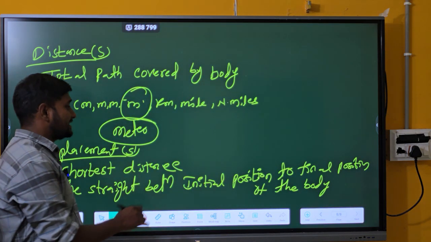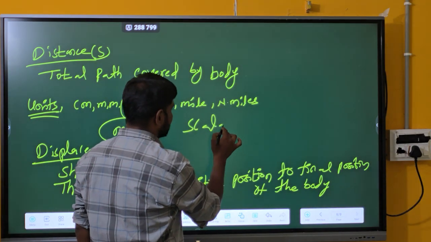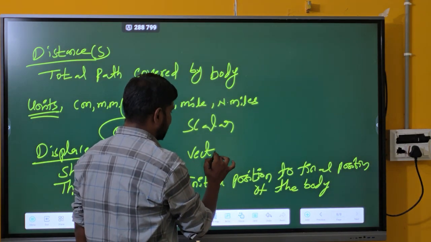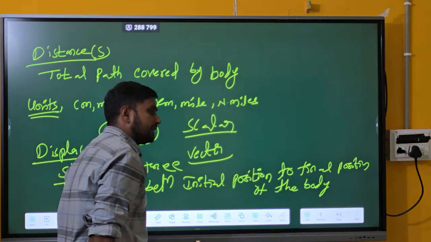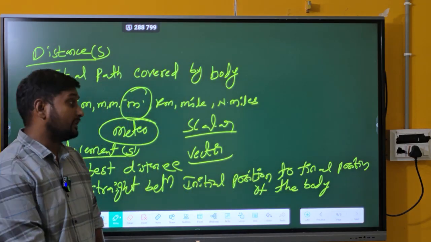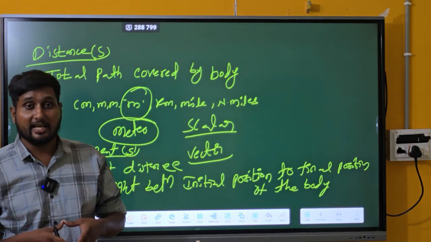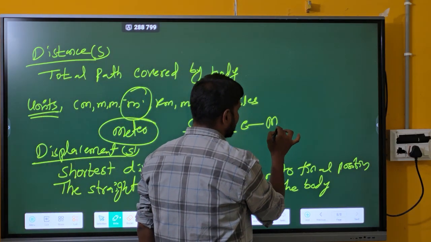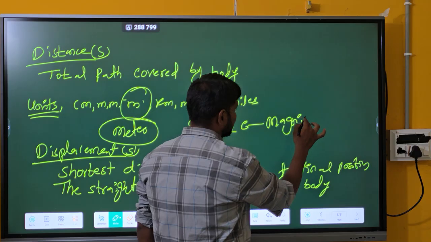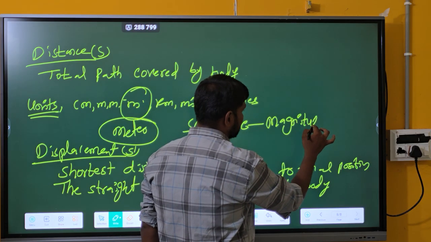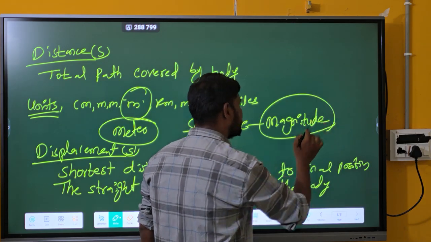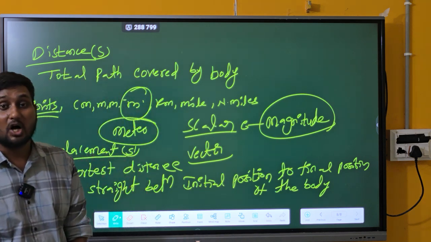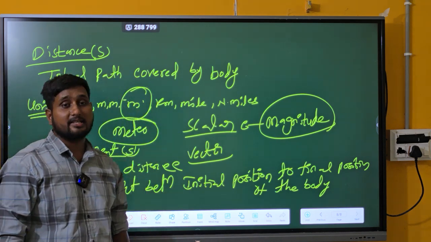Now, what is a scalar and what is a vector? What is a scalar? The physical quantity having only magnitude but not direction is called a scalar.